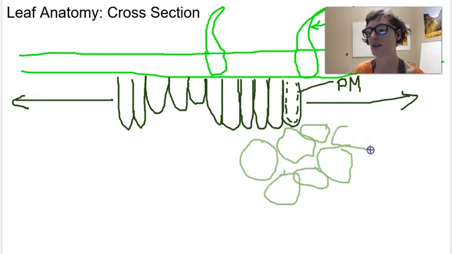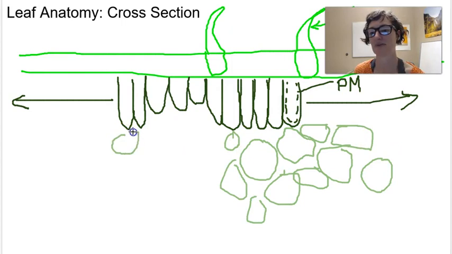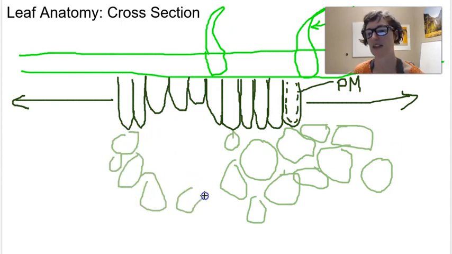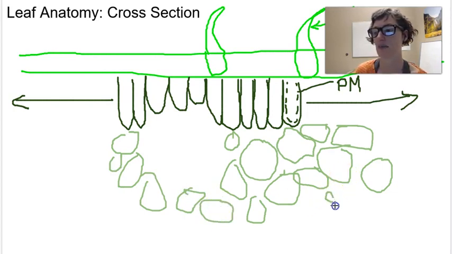They'll still have chloroplasts, they'll still photosynthesize, but a looser arrangement of these cells here. So this is the spongy mesophyll. Think of like a sponge, has lots of air pockets.